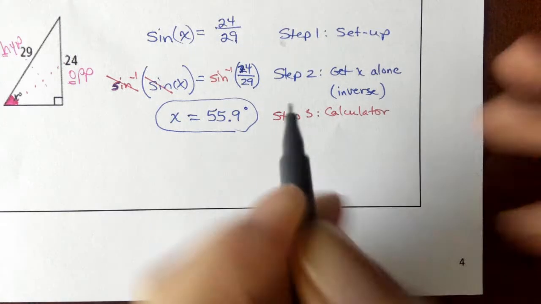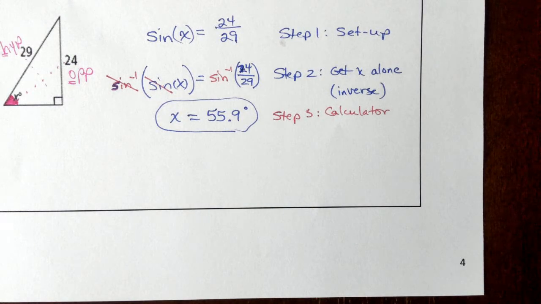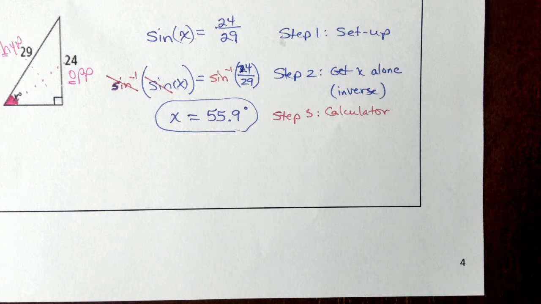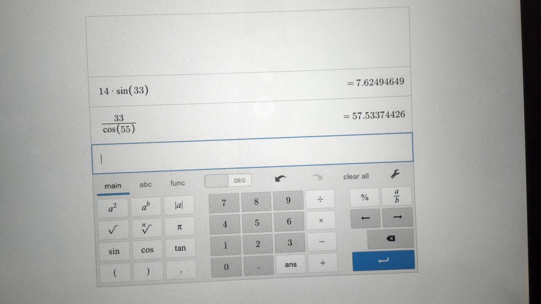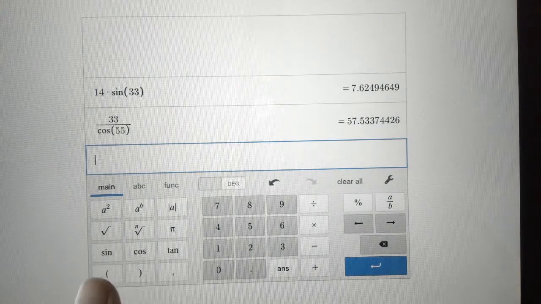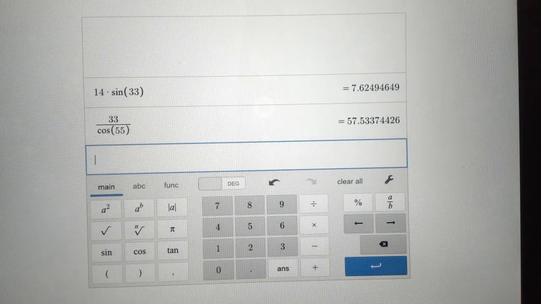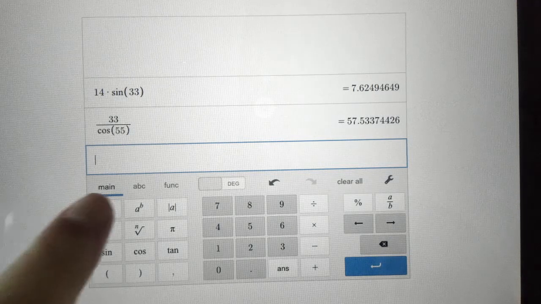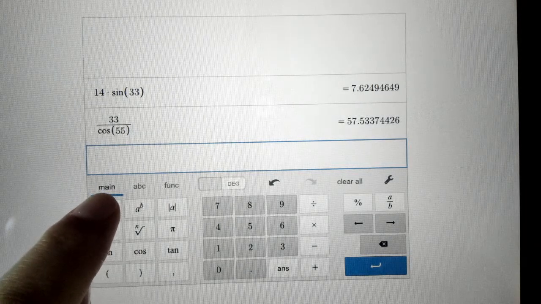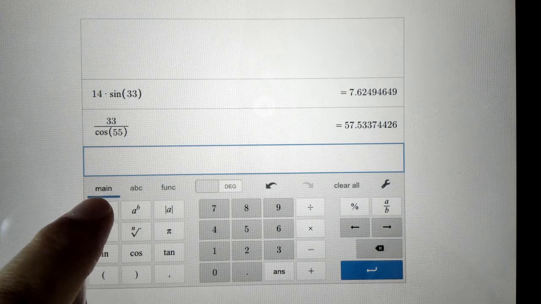use your calculator. Now, what I did not do in advance, and I may regret this, is play with this calculator. So I noticed that I have a sine, cosine, and a tangent key, but I don't have any inverse keys on this calculator. What am I going to do? I notice I'm on the main screen, the main buttons.